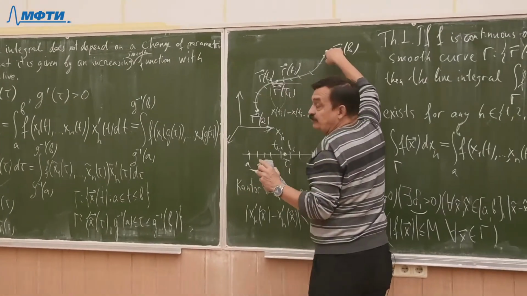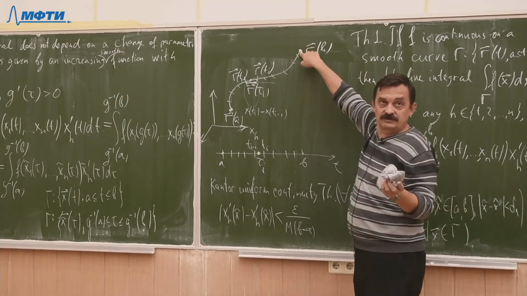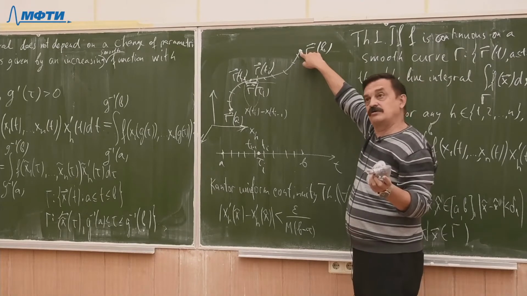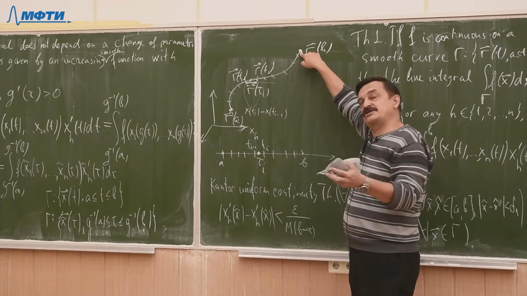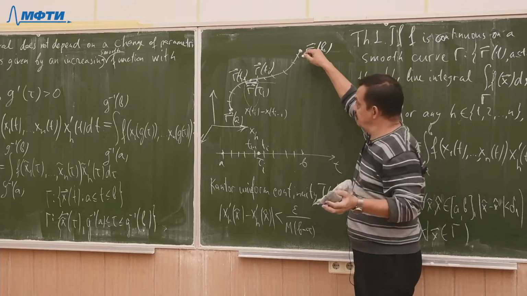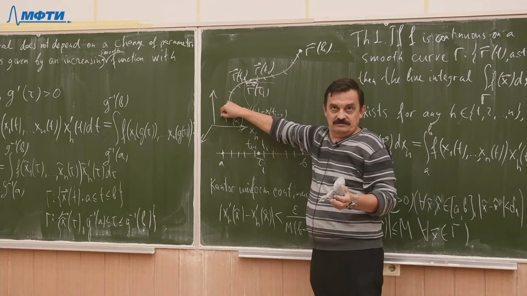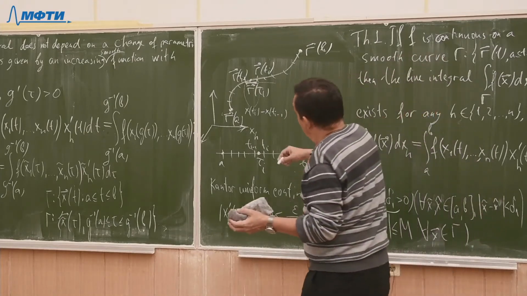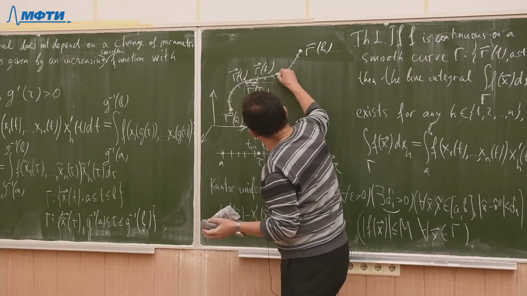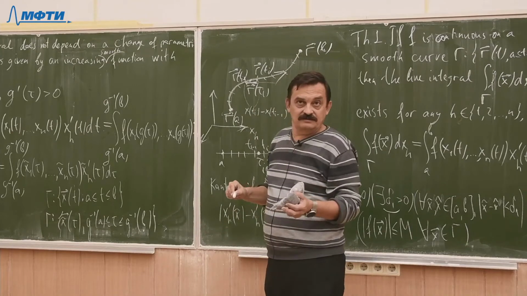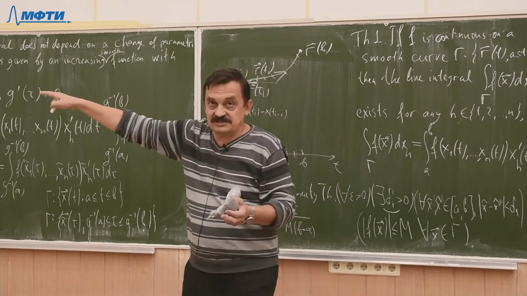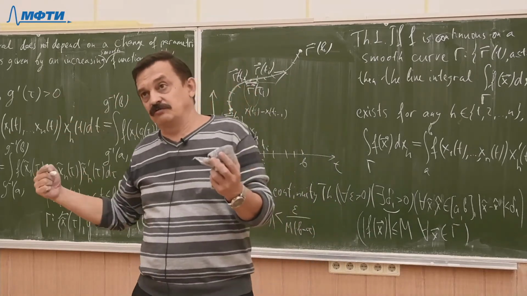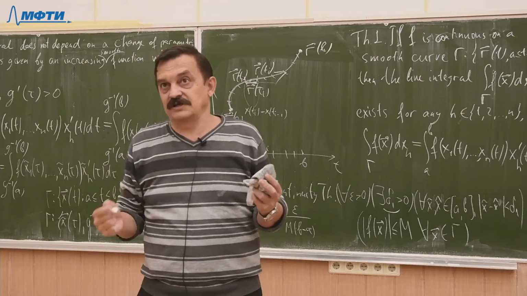And at that point, tau has the minimal value, right? So if we go in the direction of increasing tau, then the direction will be opposite. That is change of orientation. So firstly, the curve was oriented like that, right? And after this change of parameter, it will be in the opposite direction.